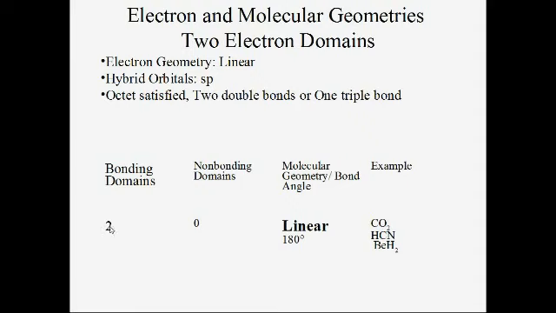That means 2 atoms and no lone pairs. Non-bonding domains is no lone pairs. So we have 2 atoms attached, no lone pairs, and we're going to have a linear structure. And it doesn't matter whether we have 2 double bonds as in carbon dioxide, a single and triple as in hydrogen cyanide, or 2 single as in beryllium hydride.